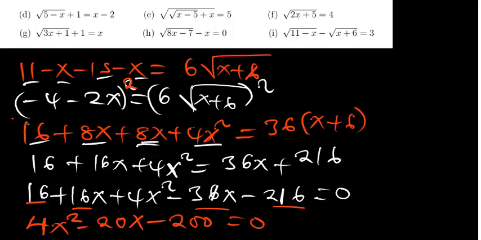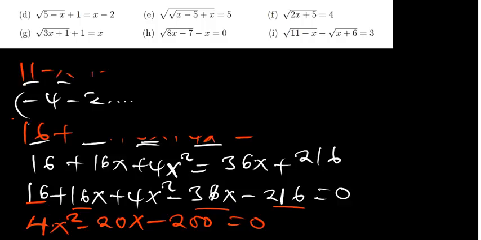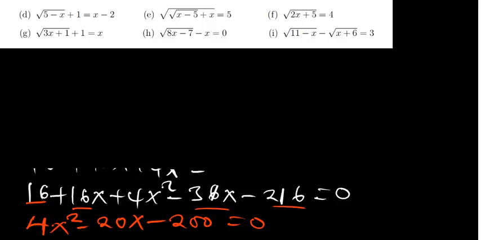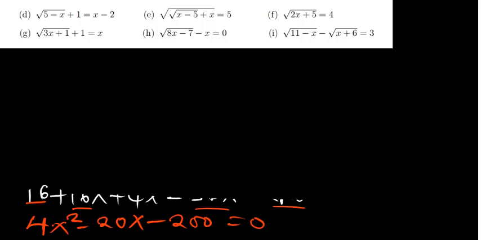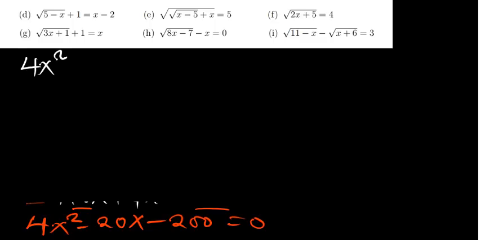Now at this point, allow me to get rid of this so that I create space. Okay. So now I have got my equation, which is 4x squared minus 20x minus 200 is equal to 0. I can see that I can divide everywhere by 4 so that I reduce this.